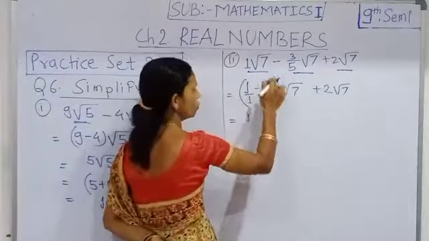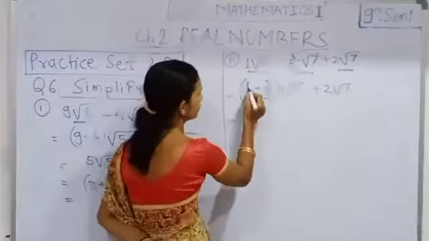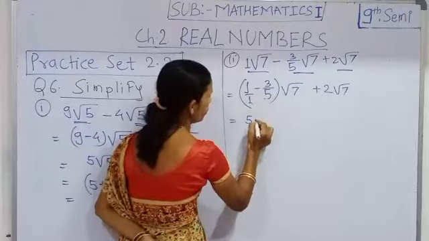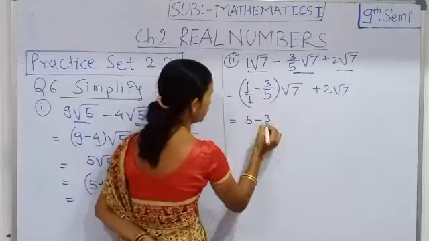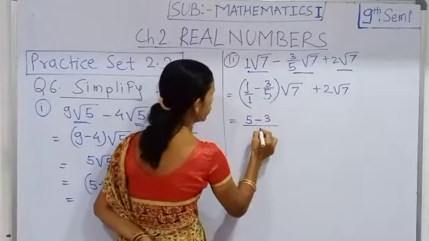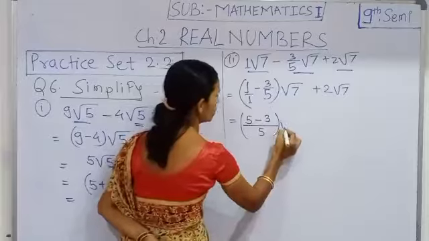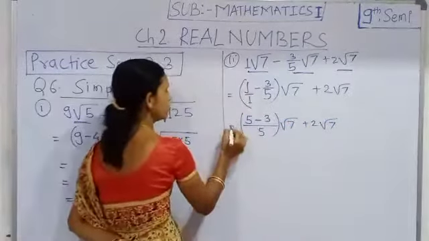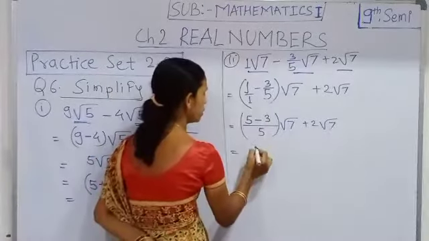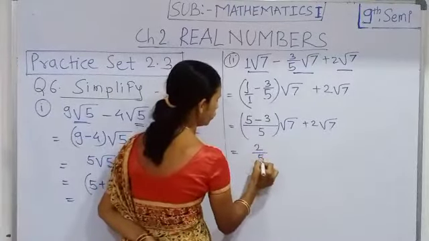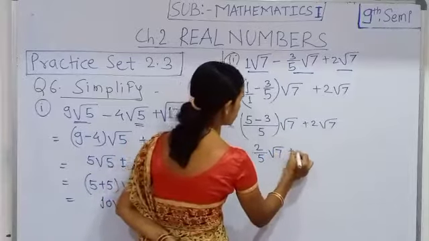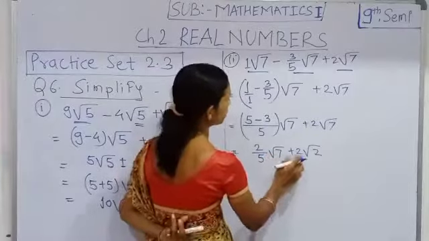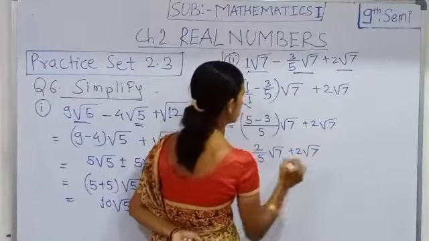Then we have to solve this bracket. 1 into 5 is 5, minus 3 into 1, 3 upon 5 into 1, that is 5. Then root 7 plus 2 root 7. Then 5 minus 3 is 2 upon 5 root 7, plus 2 root 7.